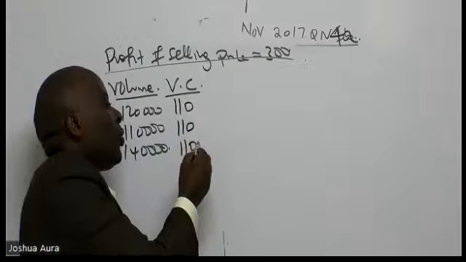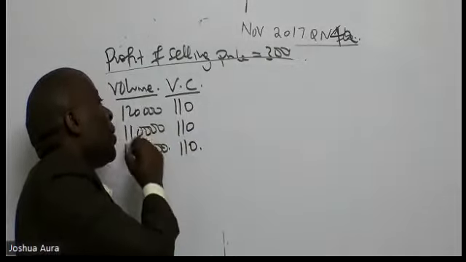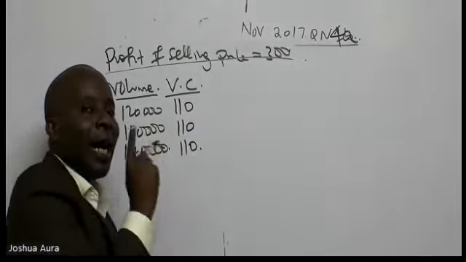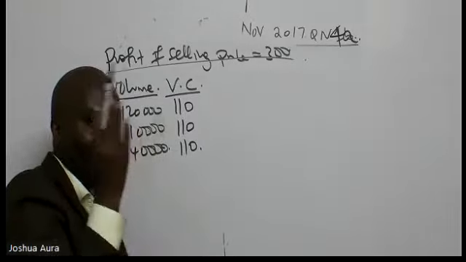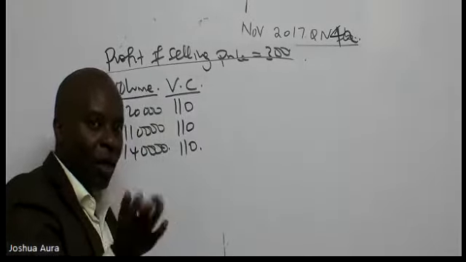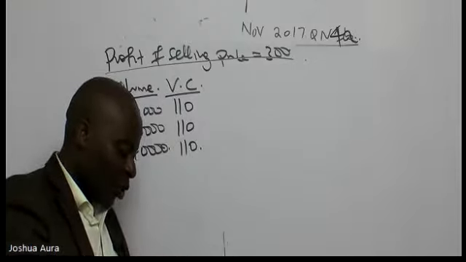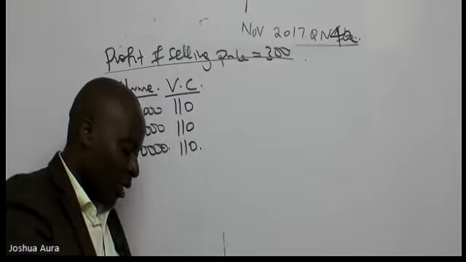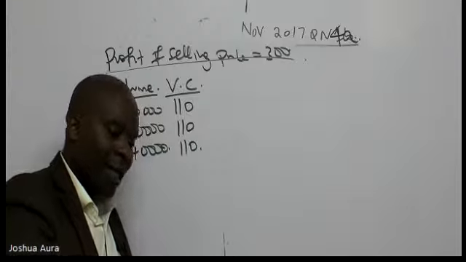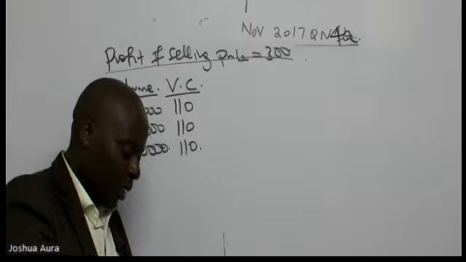Why? Because these quantities are more than 100,000. They are big. We are told the variable production cost would be 120 per unit for production volumes up to and including 100,000 units each year.